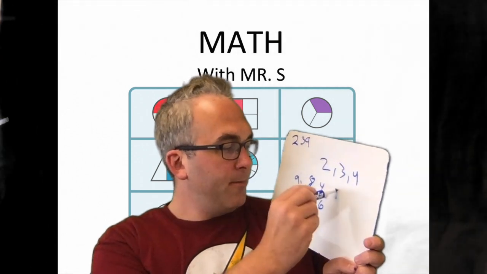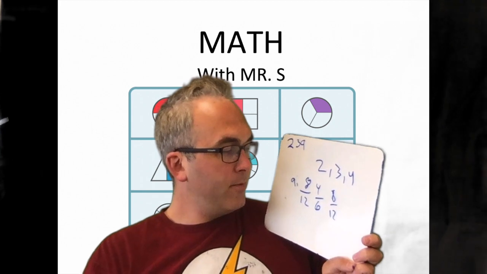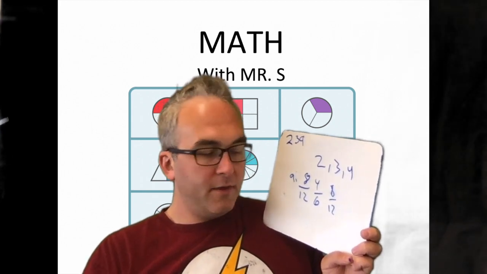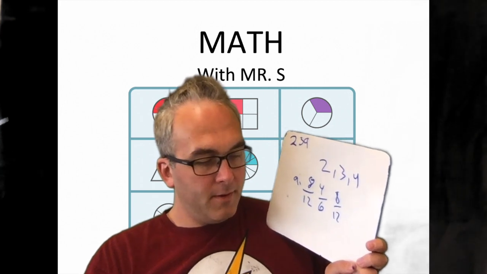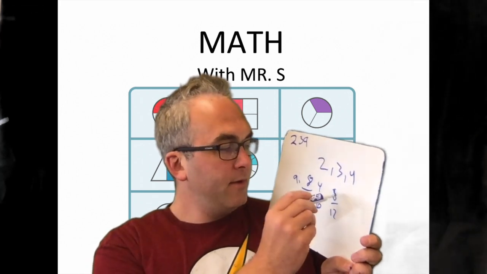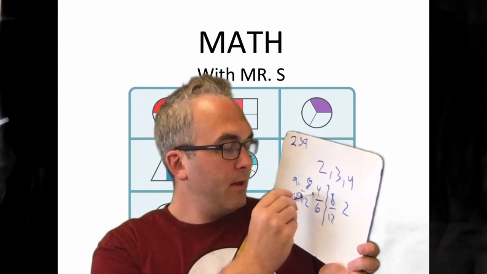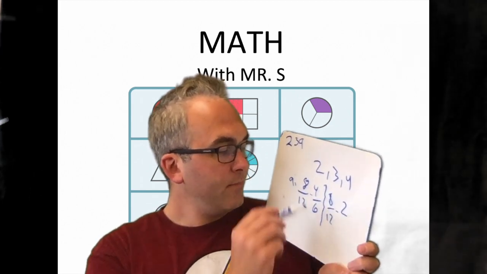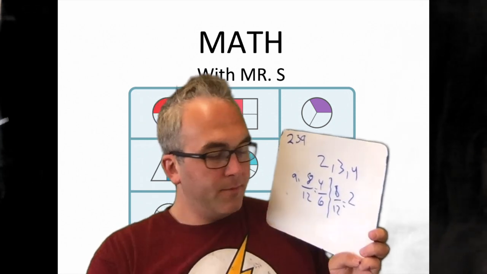All right, then I'm going to write 8 twelfths over here again. So we have 4 6. Well, what about 3? 8's not divisible by 3. What about 4? Okay. 8 divided by 4 equals 2.